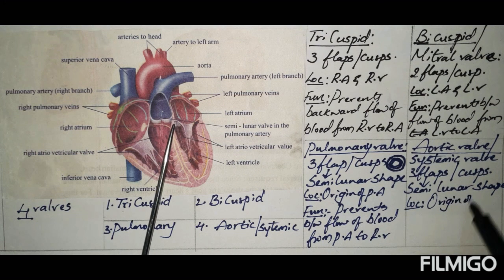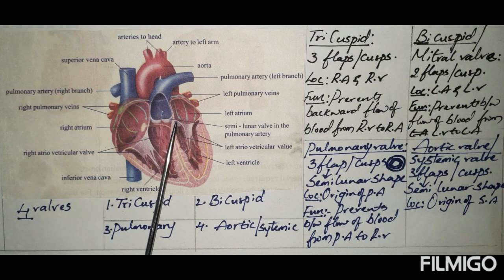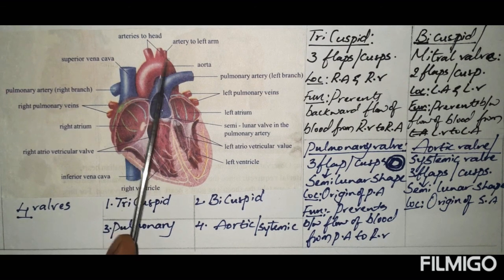Now coming to the location, it is located at the origin of a systemic artery. The systemic artery originates in the left ventricle and it travels like this.